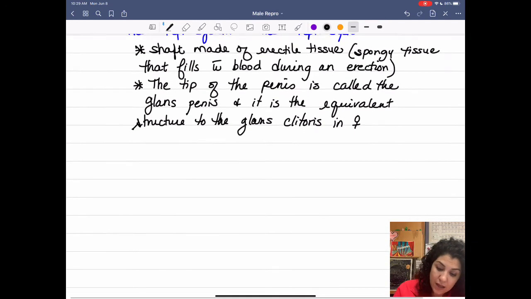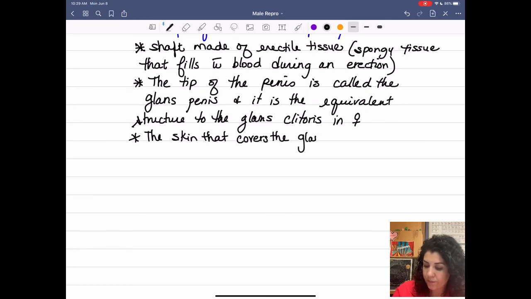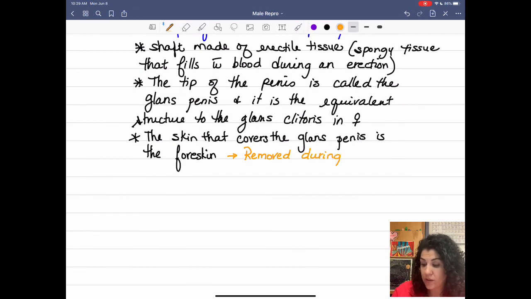And then the skin that covers the glans penis is the foreskin, and this is what gets removed if you have a circumcision.